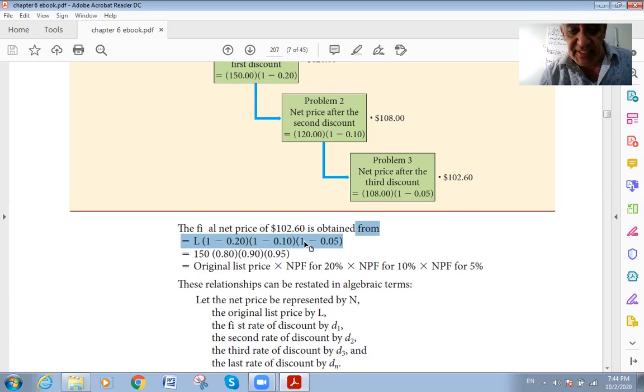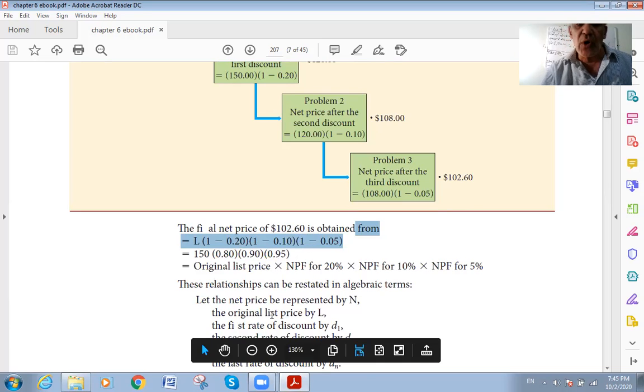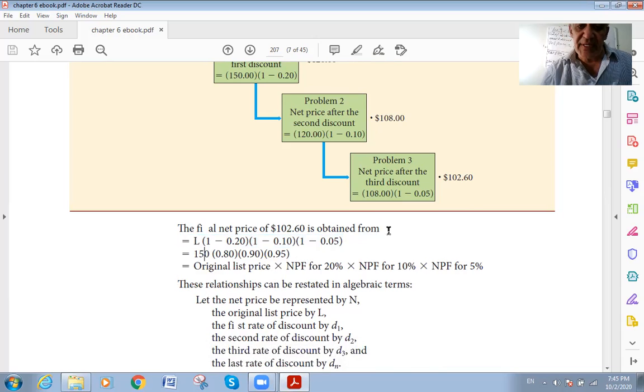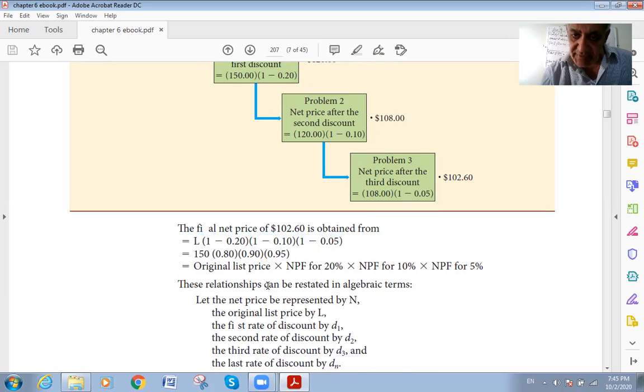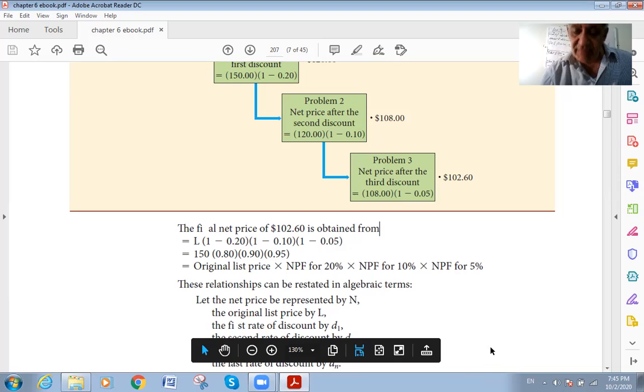I took all of it in one line. So the final net price will be the original by the net price for 20%, the net price for 10%, and the net price for 5%.